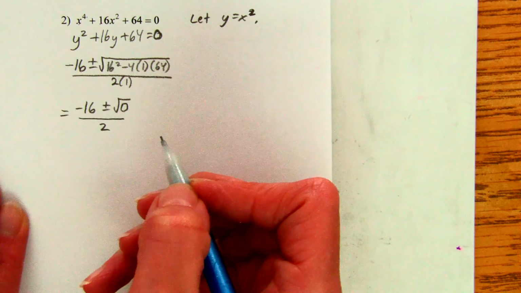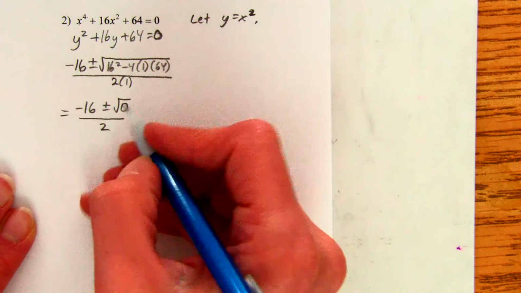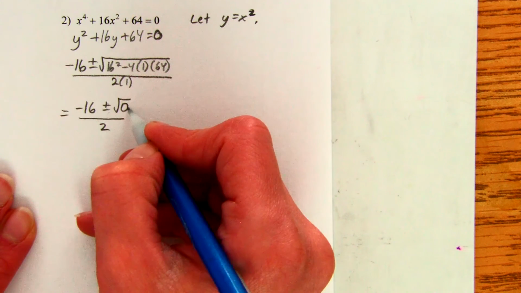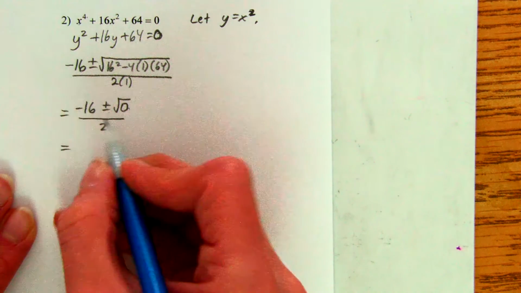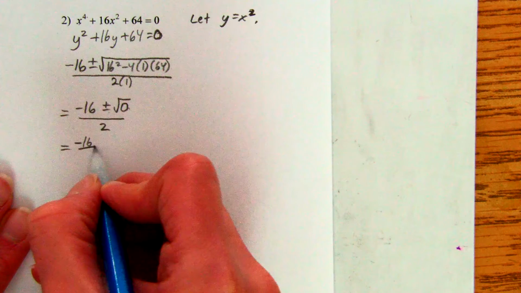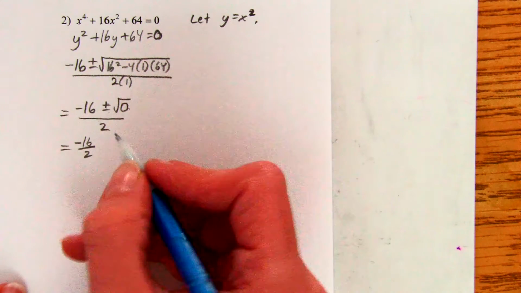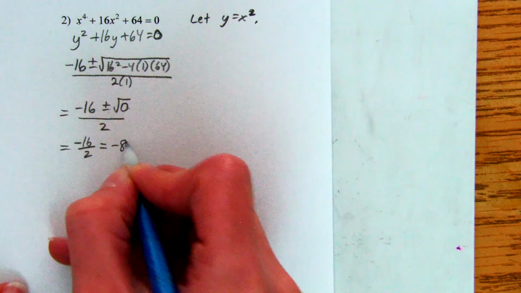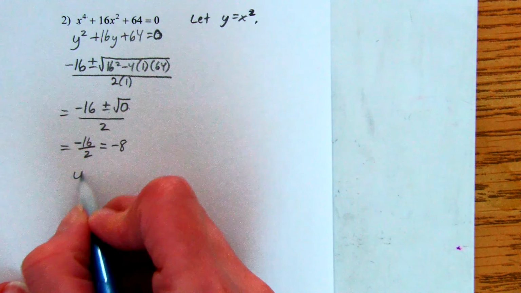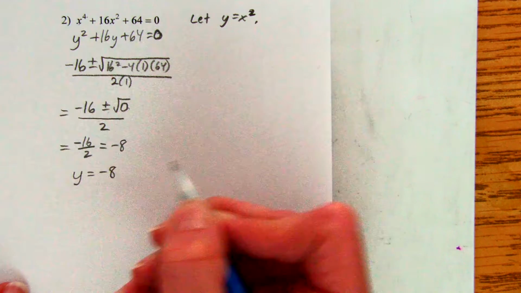So that's different than what we had on number 1. If I add 0 or subtract 0, I'm going to get the same answer. So I just have 16 over 2 for both of those, which is negative 8. So that means y equals negative 8.